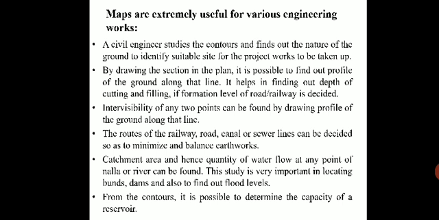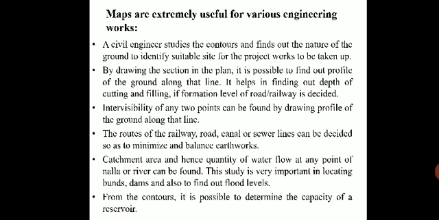All these you need to select a site, and that can be done with the help of such maps before going into the field. By drawing sections in the plan, it is possible to find the profile of the ground, whether it is a steep slope, a gentle slope, a hill or a valley, which can be plotted with the help of a cross section.